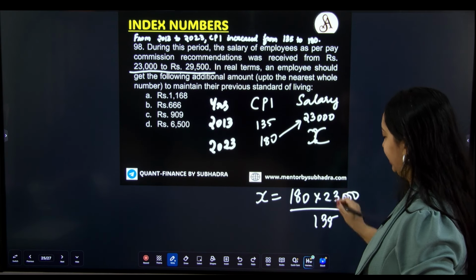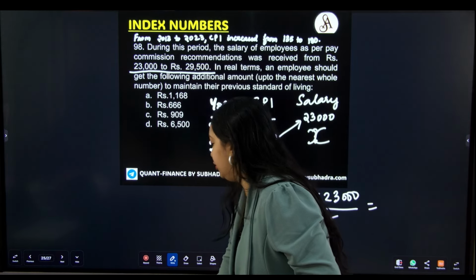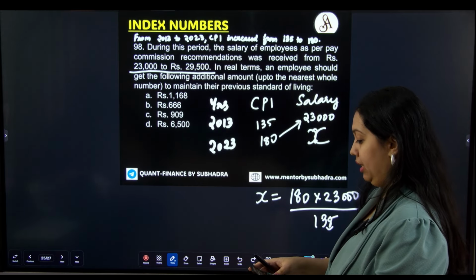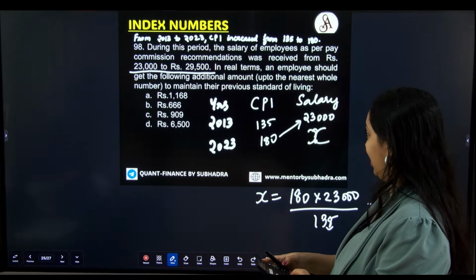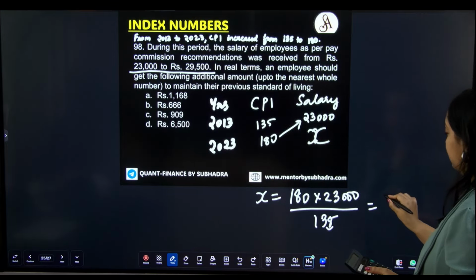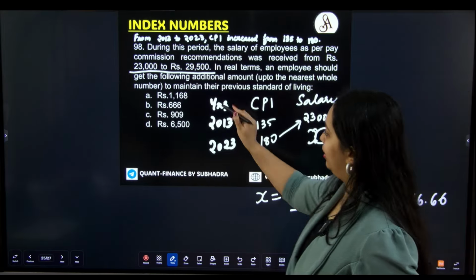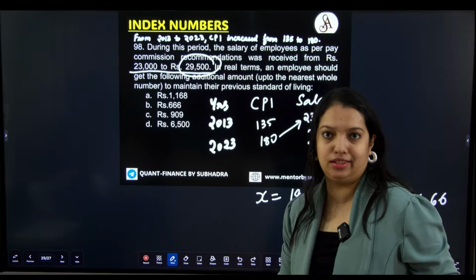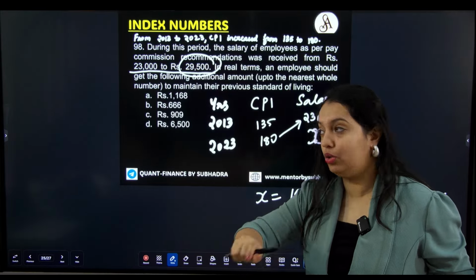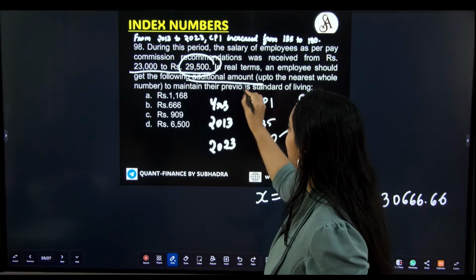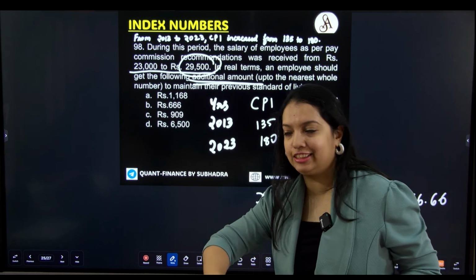This into this divided by this. Take the calculator and do the calculation. You will get 180 into 23,000 divided by 135, which is 30,666.66. What have they given as actual salary? 29,500. If you want to know the additional amount, that's what they're asking in the question. Find the additional amount.